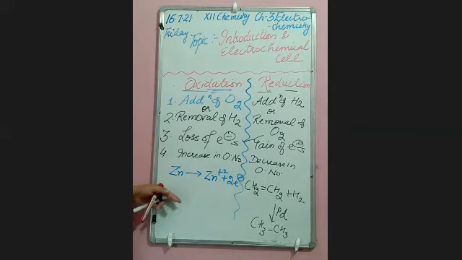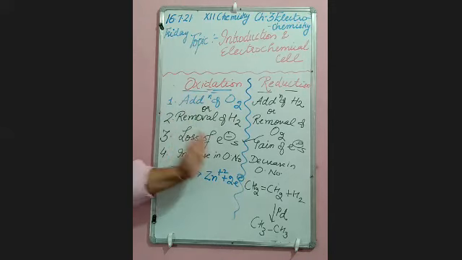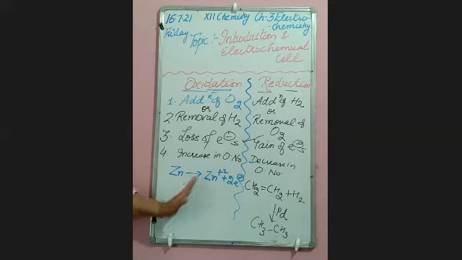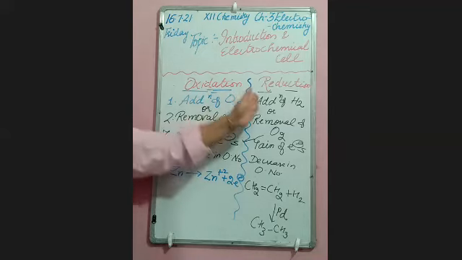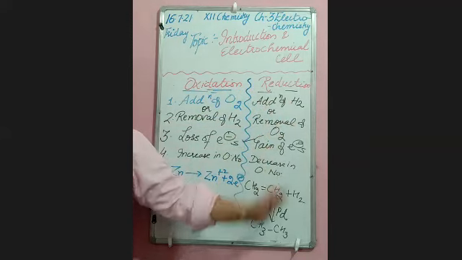Is it clear to you? Oxidation is gain of oxygen, removal of hydrogen, loss of electrons, increase in oxidation number, like from oxidation number 0 to +2. So that is your oxidation. And reduction is addition of hydrogen, removal of oxygen, gain of electrons or decrease in oxidation number.